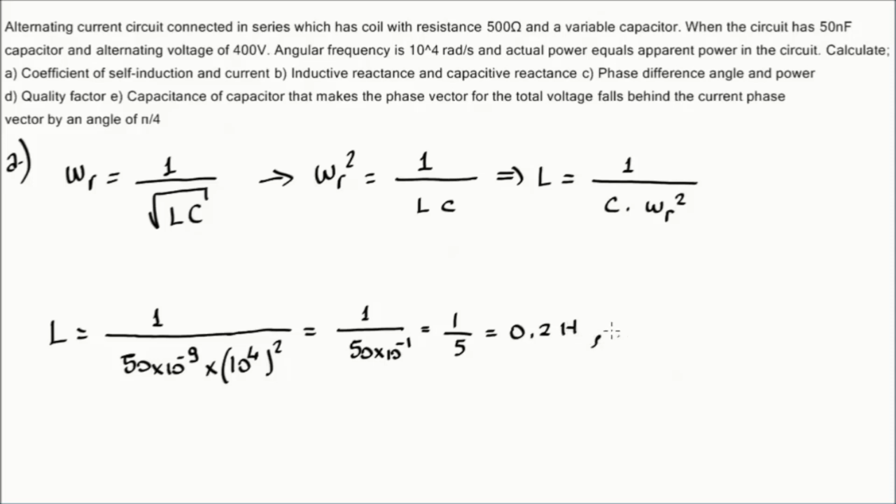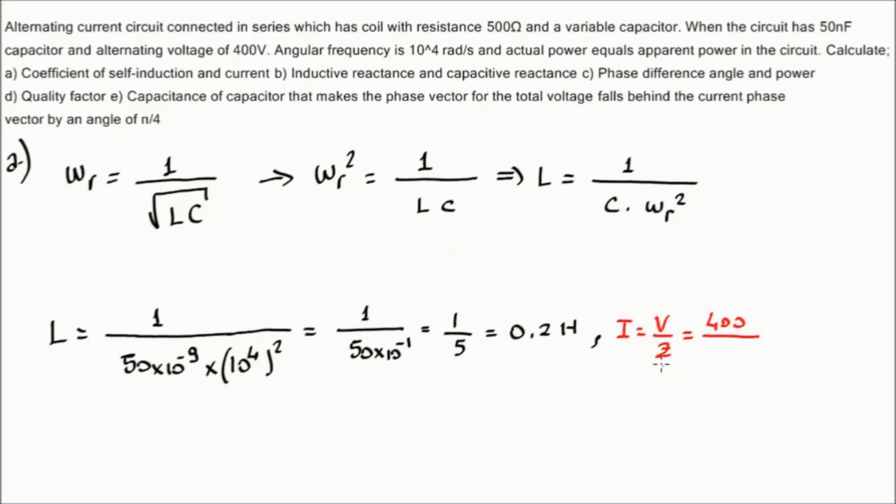And the question also says calculate the current. Current equal V over Z. V is given in the question, 400. And Z, what about the Z?